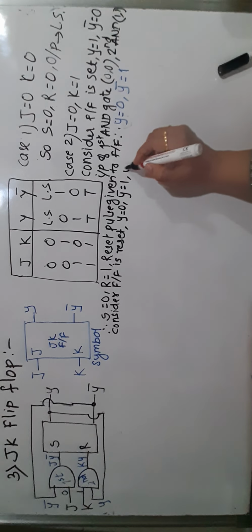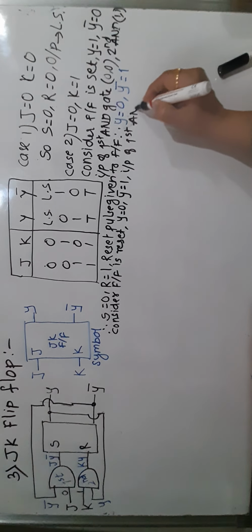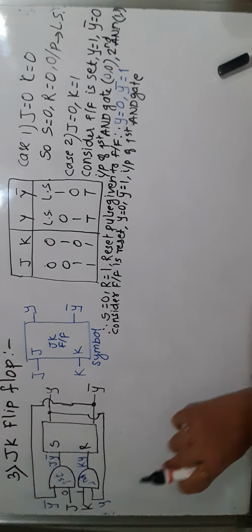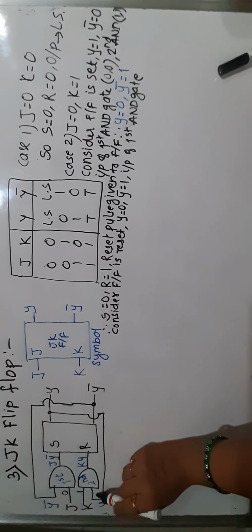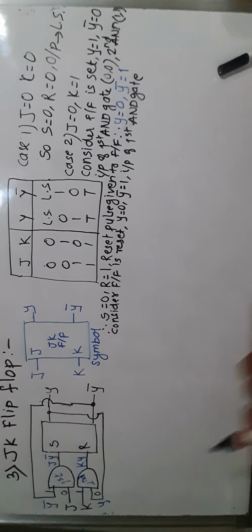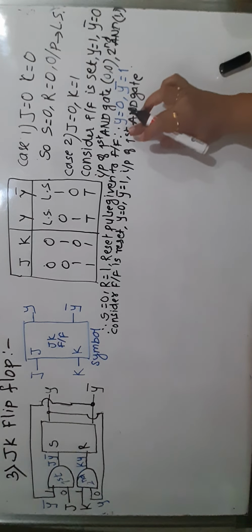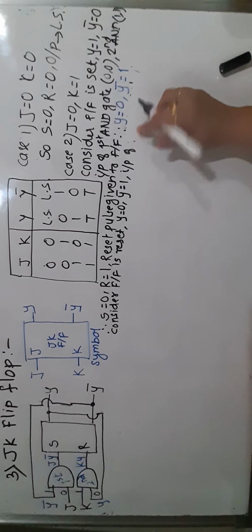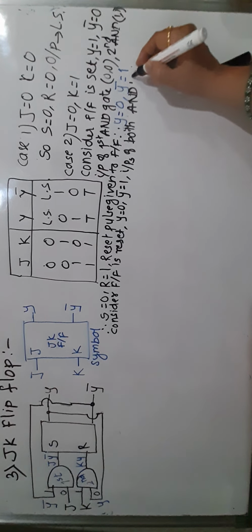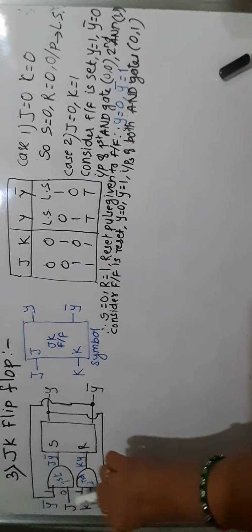So see, Y 0, Y bar 1. Now here 0, here 1. Now see the inputs of both AND gates, it's 0, 1. See, 0, 1, 0, 1.